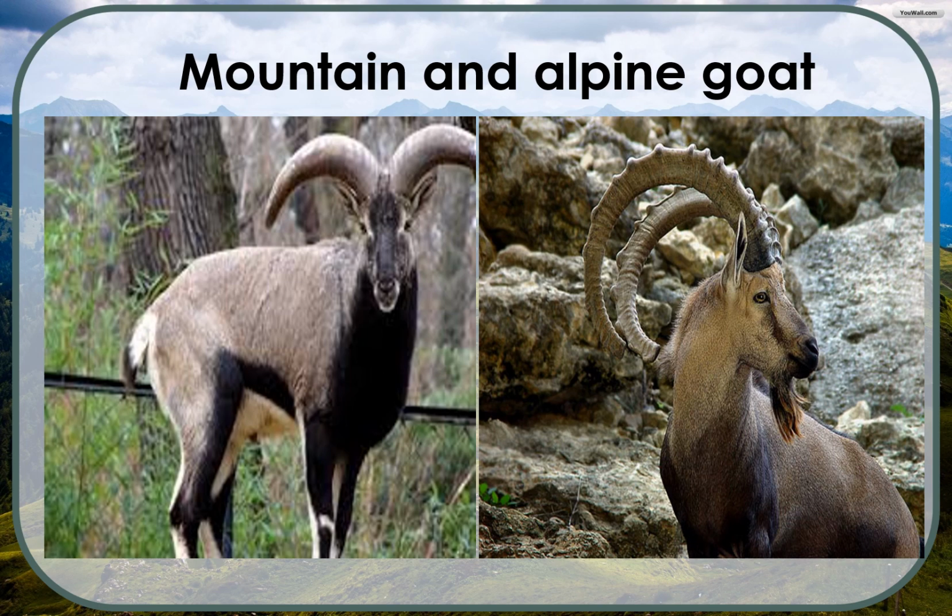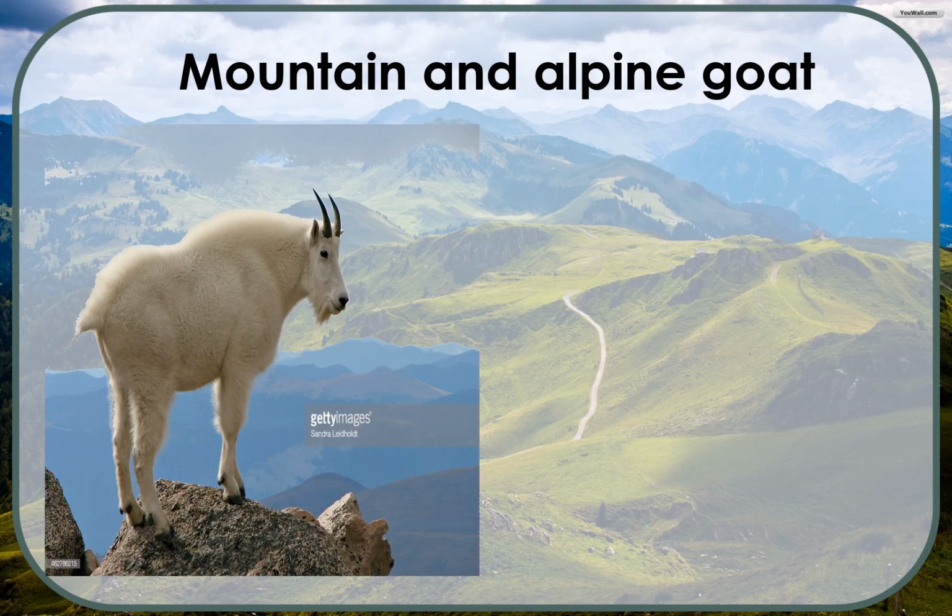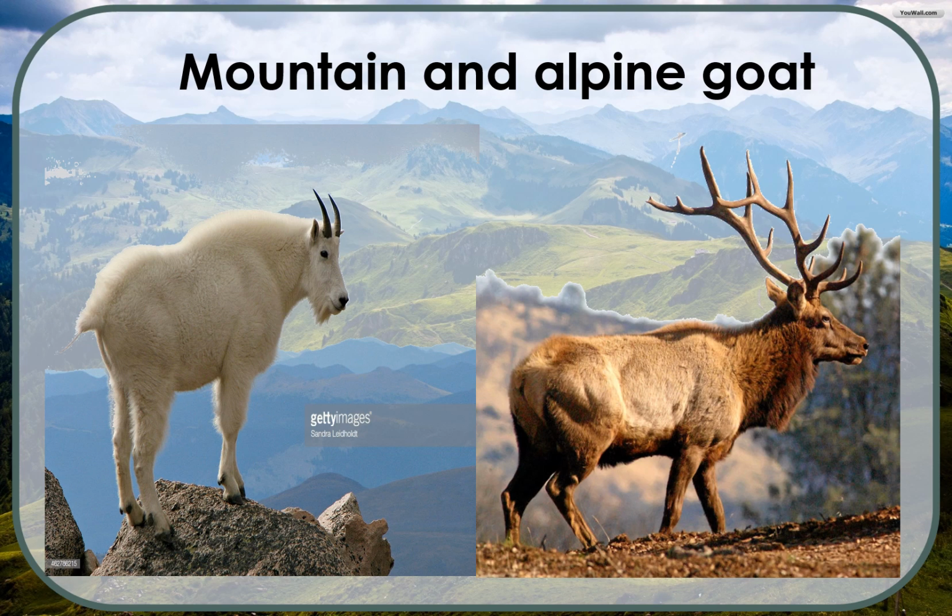These are examples of mountain and alpine animals. Animals that may be found on mountains include goats, sheep, camels, ibex, marmot, snow leopard, llamas, and lizards. So these are examples of animals that you can see in the mountains. So these are goats.